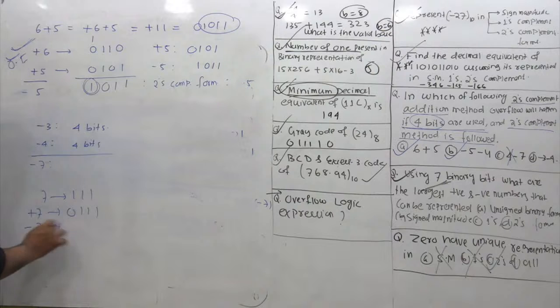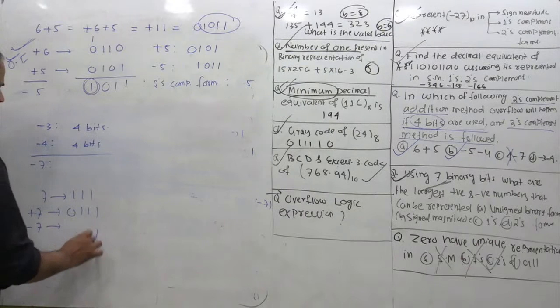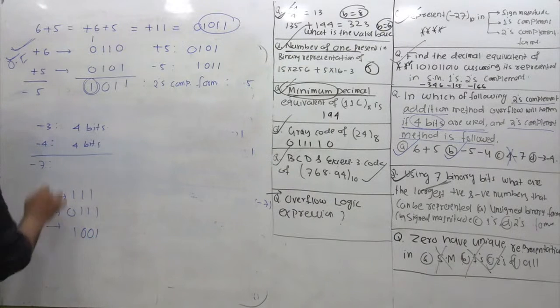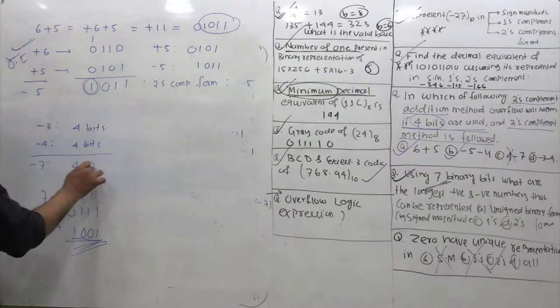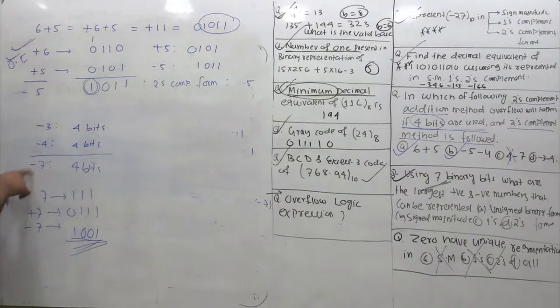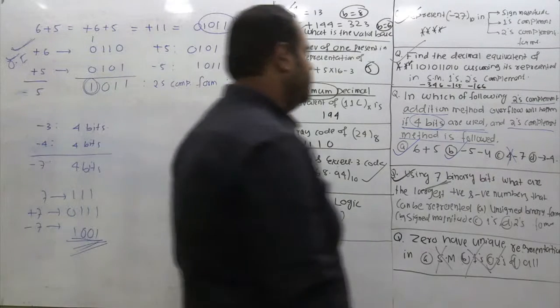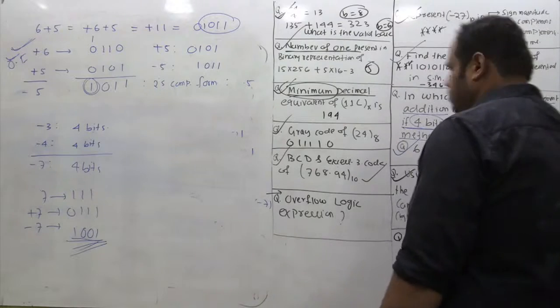Minus 7, if you take the 2's complement of this, is 1, 0, 0, 1. So you again need to represent minus 7 in 4 bits. You have already used 4 bits, and in this case also your answer needs 4 bits. So there is no mismatch, so there is no chance overflow will happen. In this case also overflow will not happen.